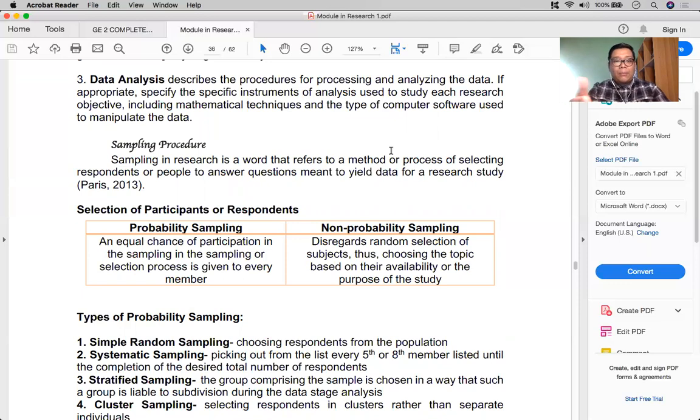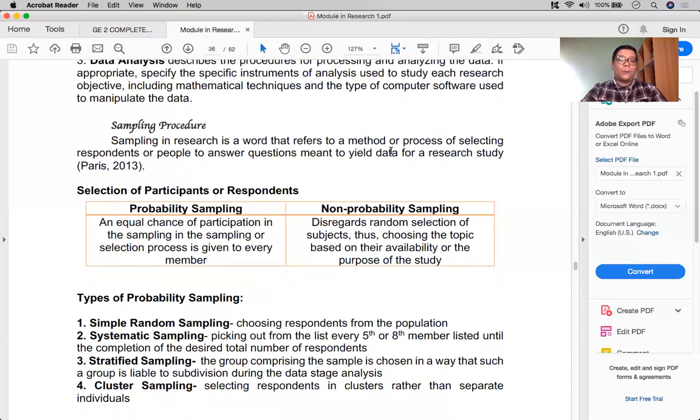What's good about probability sampling is that because it is very systematic, everyone within the population is given the chance to be part of the study. On the other hand, when you say non-probability sampling, you choose participants based on inclusion or selection criteria. Whoever is deemed qualified to become part of your study is automatically considered as your participant. So that's the difference between the two.